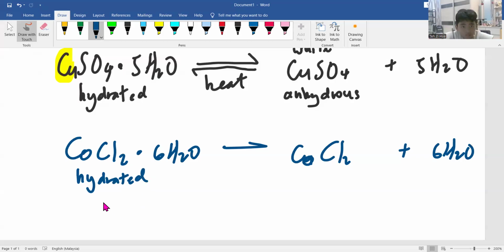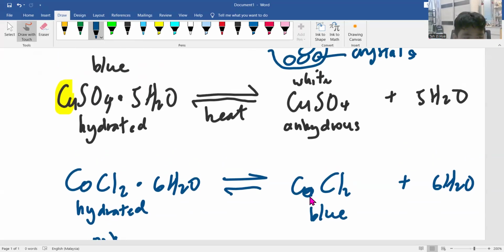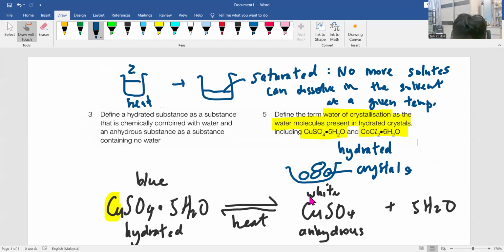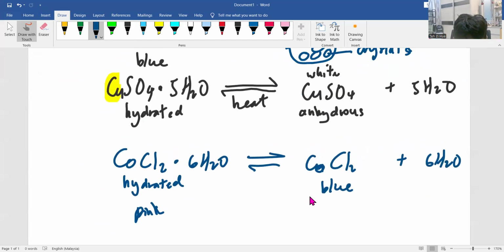The hydrated salt is pink. When you heat it up, it becomes blue. So this anhydrous is blue. This is cobalt chloride? Yeah, cobalt 2 chloride. So there are two ways in which you can test the presence of water.